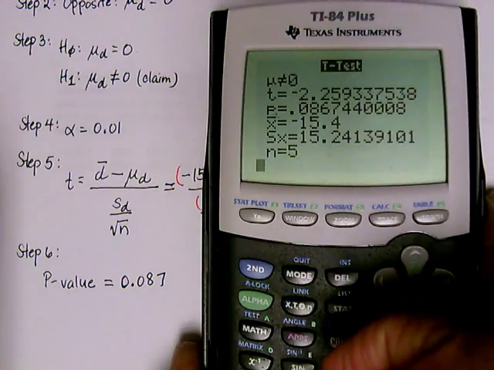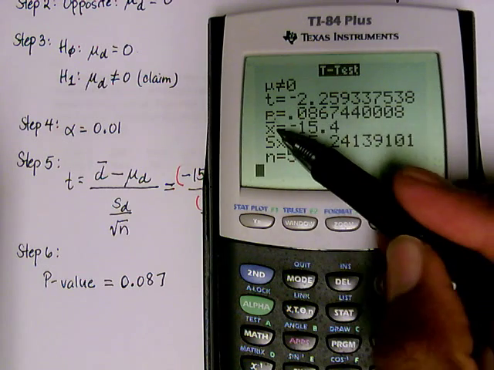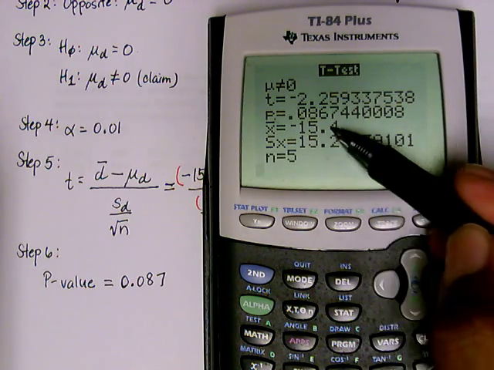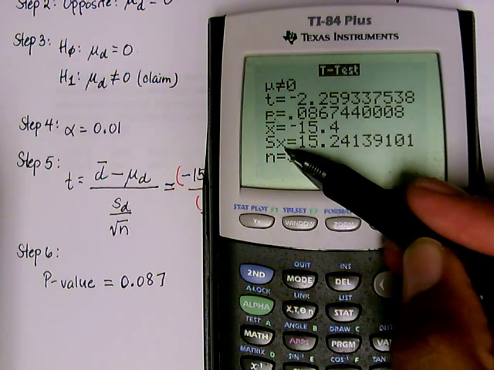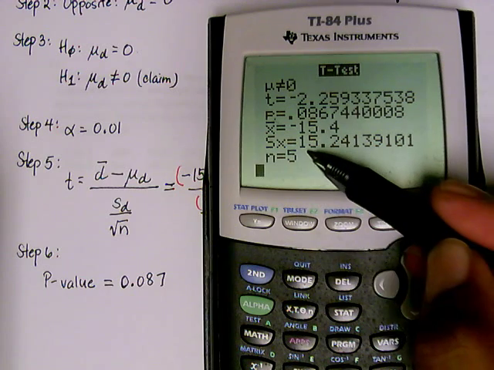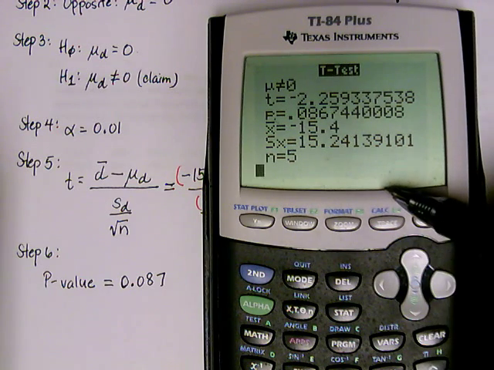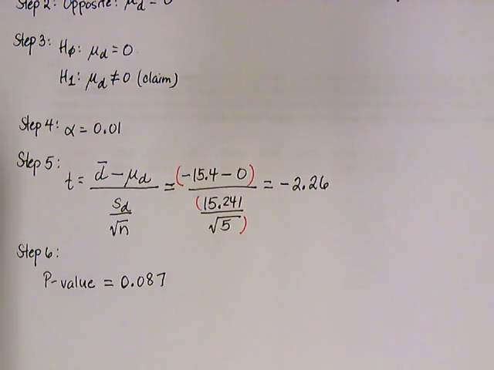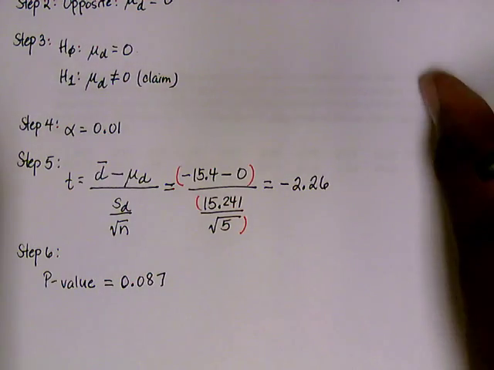Okay. And while I have this up here, you'll see that your x bar was negative 15.4, which is what I have there when I did that manually. S sub x, that's the sample standard deviation of your differences. That's 15.241. And n is the number of paired data, that's 5. Okay? So my p-value there is 0.087.